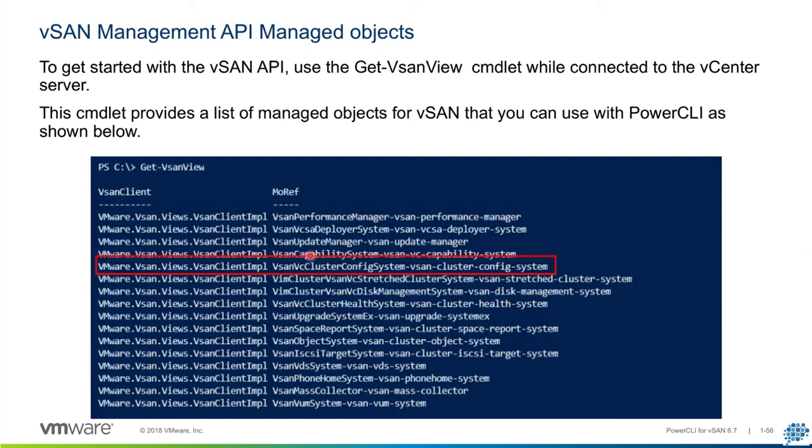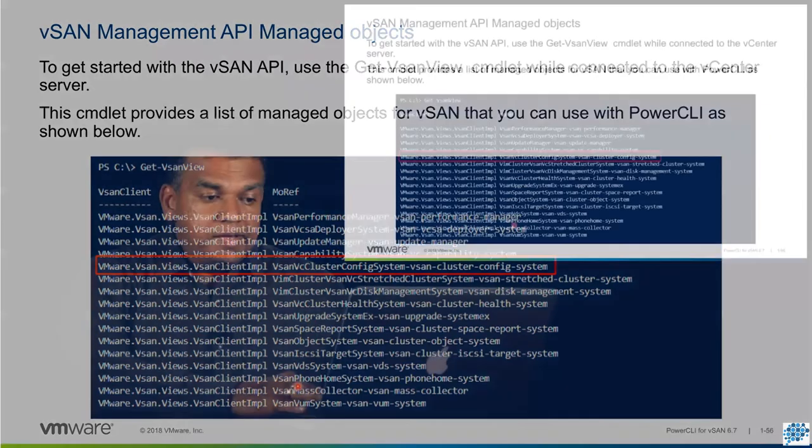For every aspect or feature of vSAN, there is a separate managed object which contains that functionality. A few of the different objects you can see here, if you look at the second or third column, are the vSAN Performance Manager, vSAN VCSA Deployer System, vSAN Update Manager. So almost all the aspects of vSAN are covered here.